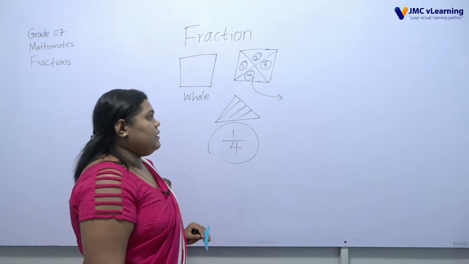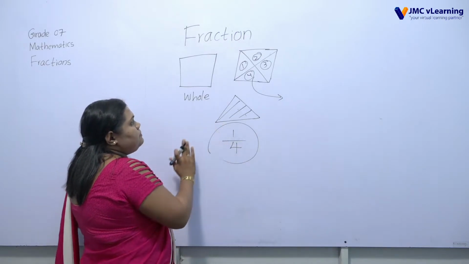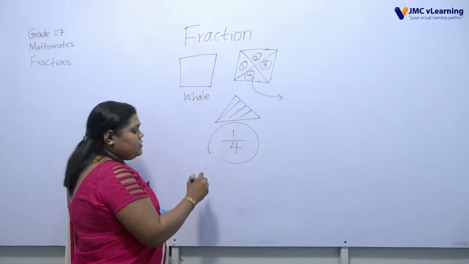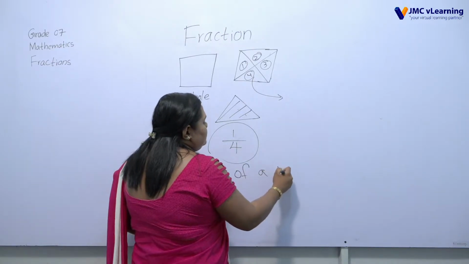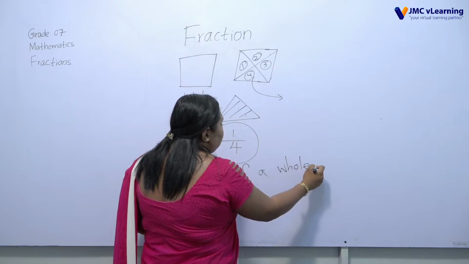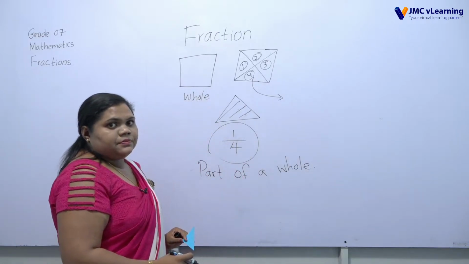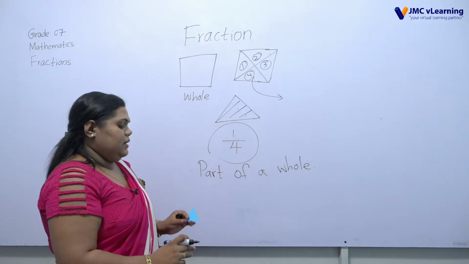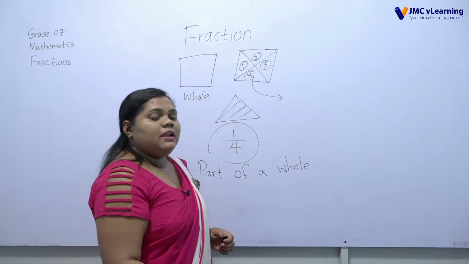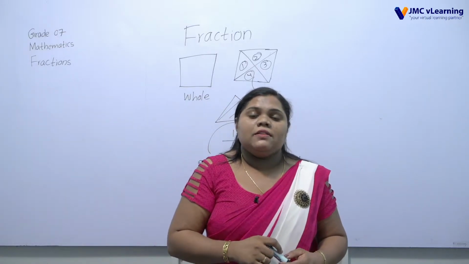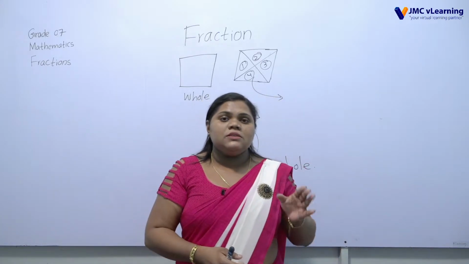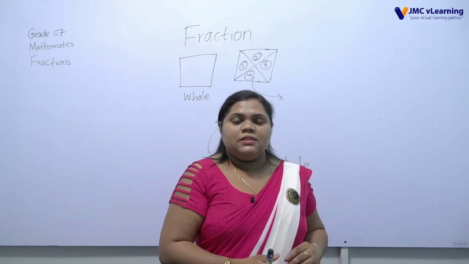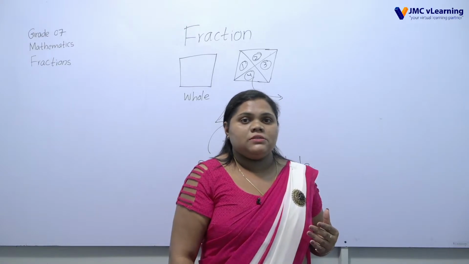Okay children, now you know what a fraction is: part of a whole. Now when we talk about fractions, there are different types of fractions. You have to know about these different types. I think you have already learnt about them.